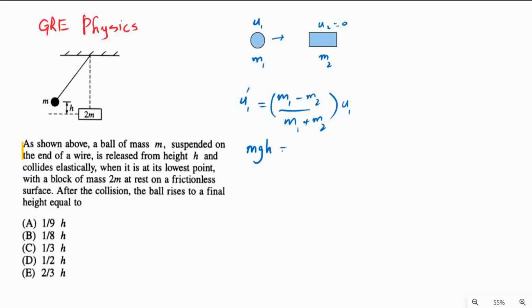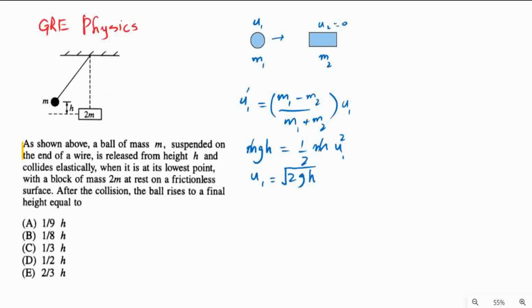So this potential energy should be equal to the kinetic energy at the bottom, half m u1 squared. And from this expression you can find out u1. m and m cancel out here, and u1 is equal to square root of 2gh.